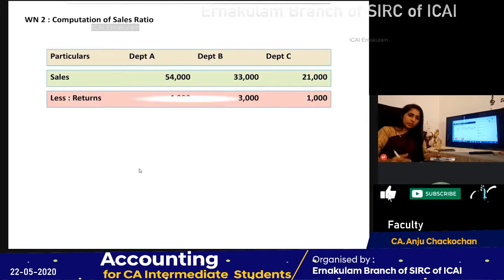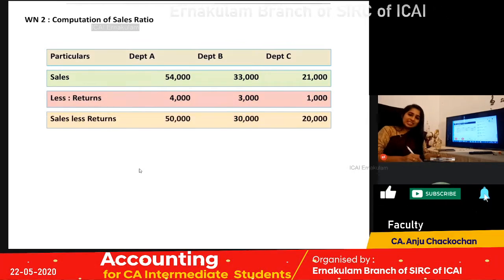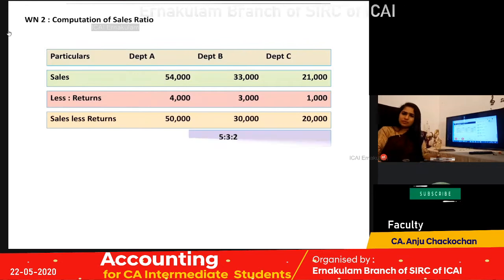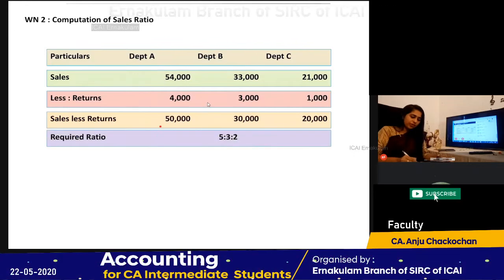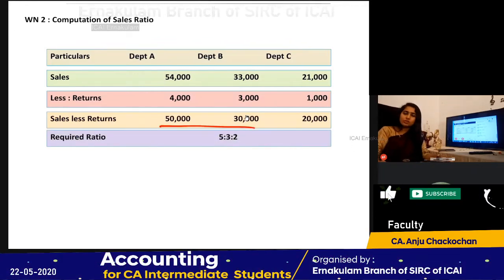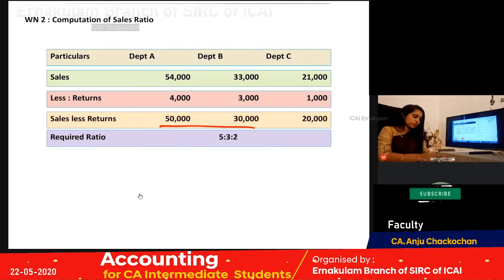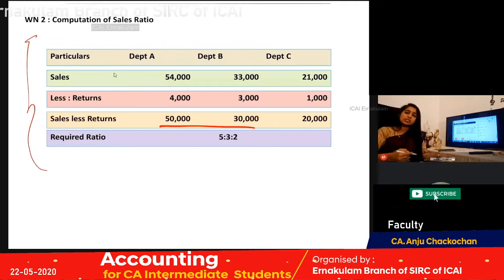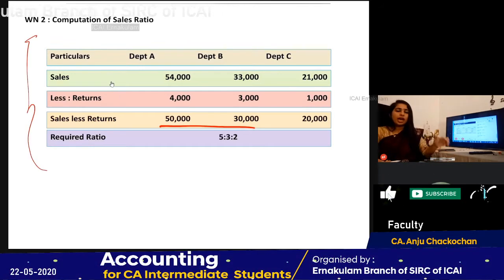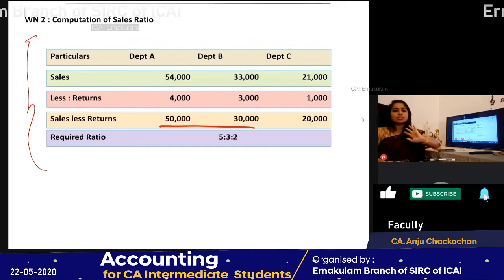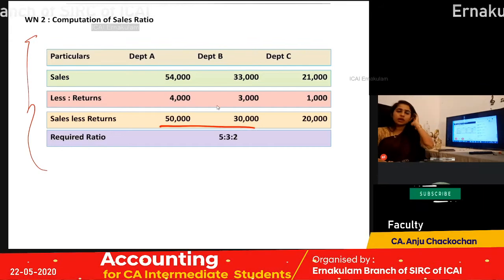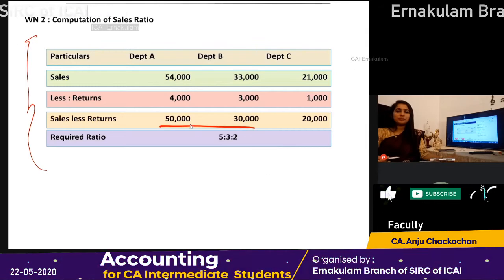We have the returns, we reduce the returns so that we get the net sales, and then we just take the ratio of it, right? 50,000 is to 30,000 is to 20,000 is nothing but 5 is to 3 is to 2. So compute, students, working note number 2, which is the computation of sales ratio. Once you're done with this, please drop in a message, everybody.